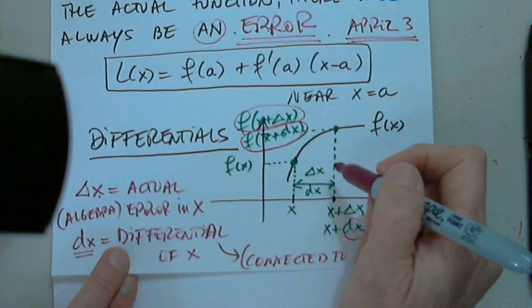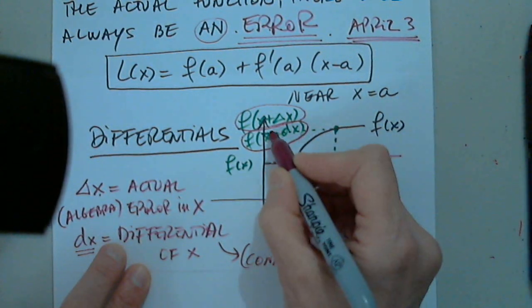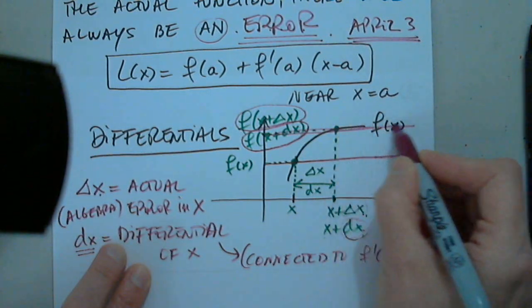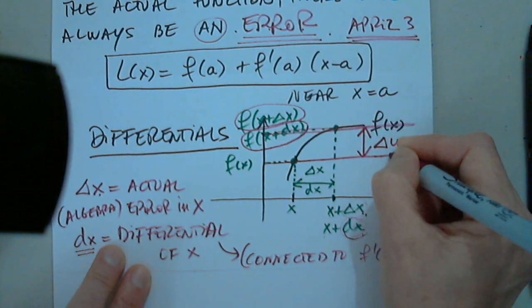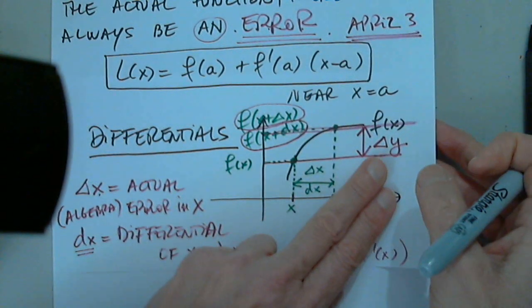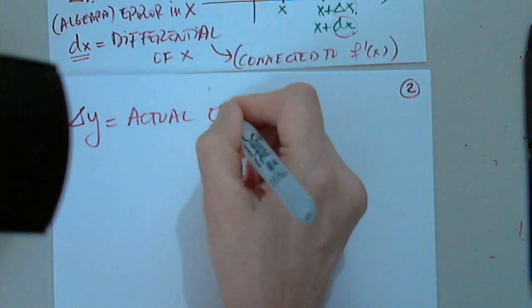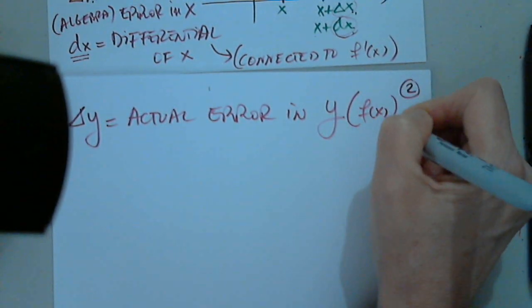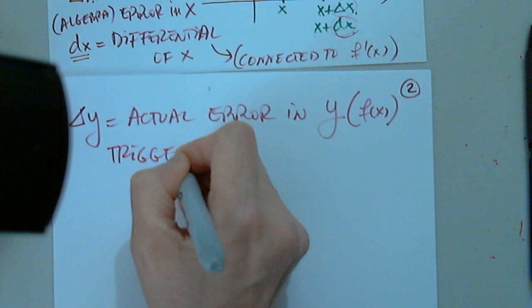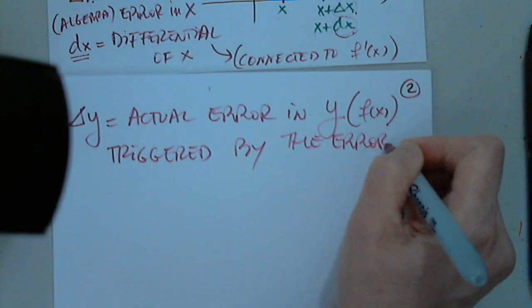Now, from this picture, we know that this is what is called delta y. Delta y, again, is algebra. It doesn't have d. It has delta. Okay, so what is delta y? Actual error in y, or in other words, in f of x, triggered by the error in x.